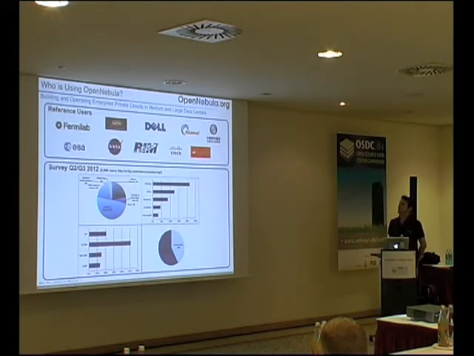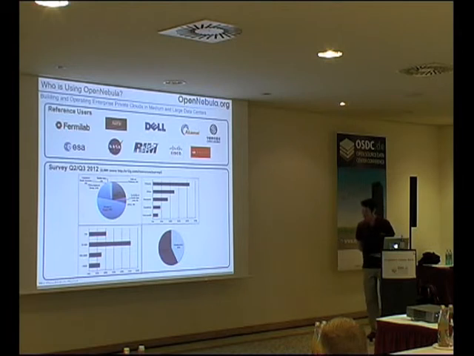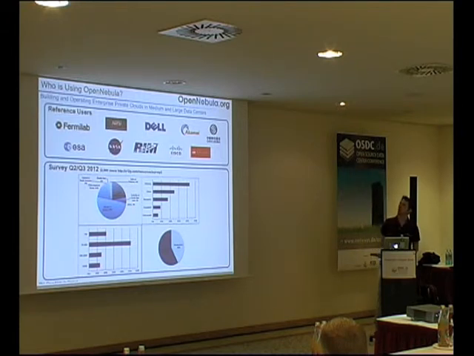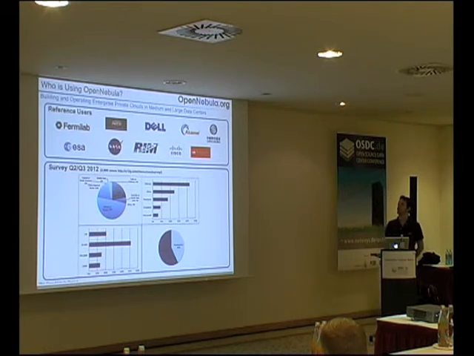Okay, so some information on who is using OpenNebula. There are a lot of reference customers that range from supercomputing centers like Fermilab or the European Space Agency to banking entities like, for instance, Santander, and also big telcos like RIM, which is now called BlackBerry.